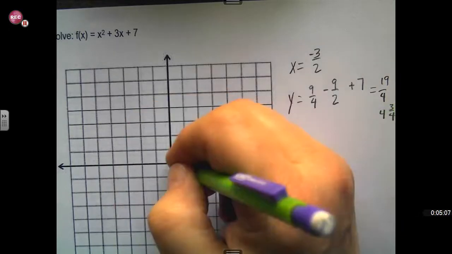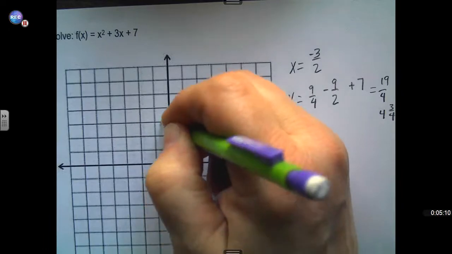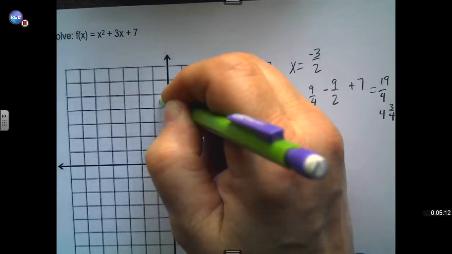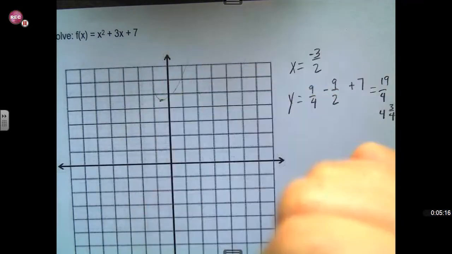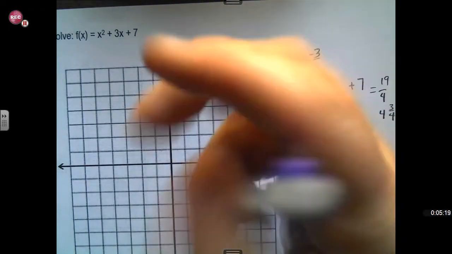So the vertex for this is 1, 2, 3, 4. The vertex for this is up here somewhere. And we draw in that parabola.